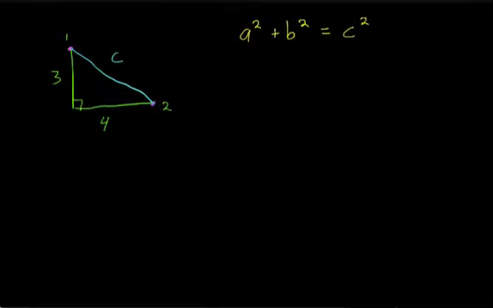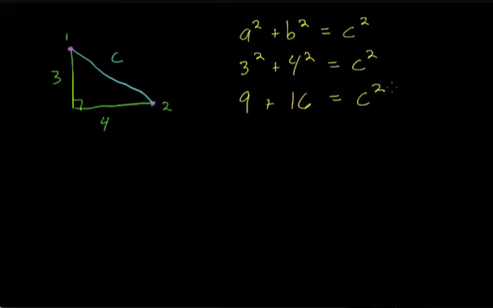So let's do that now. Let's take 3 and we're going to square it. We're going to add that to 4 squared, and that will give us the hypotenuse squared, or the distance between point 1 and point 2. 3 squared is just 9, 4 squared is 16, and so that sum is going to equal the hypotenuse squared. 9 and 16 is just 25, so 25 is the hypotenuse squared.